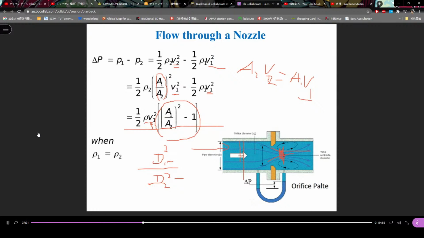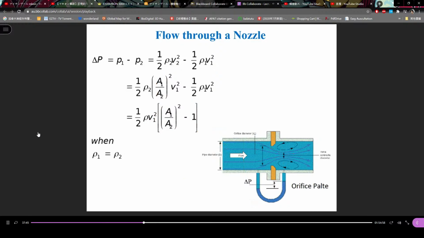And if we know the pressure difference, we can calculate velocity. All right? The density is the same. I must say the two densities are the same. So that's why we have this simple equation. And we can find V1, all right? Represented by the pressure difference.